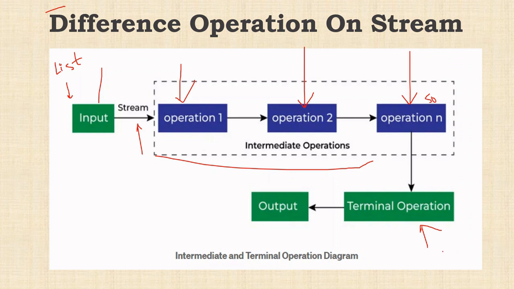So here you can use terminal methods. Like we have the reduce method, the collect method, the mapTo method, and then at last we'll get the output. So this is the diagram of Stream API, how it works, with the intermediate and terminal operations.